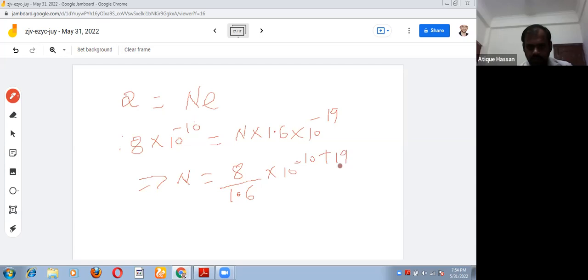Both of you understand this? We divide by 1.6 into 10 to the power minus 19. It will go to the numerator as plus, right? So 80... Therefore, this charge is possible because this is an integer.